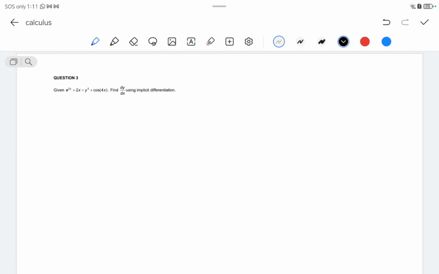The question gives an equation that is not explicitly expressed in terms of x. This is called an implicit function. We will be using implicit differentiation. The equation in the question is e to the power of 2y plus 2x equals y to the power of 3 plus cos 4x.